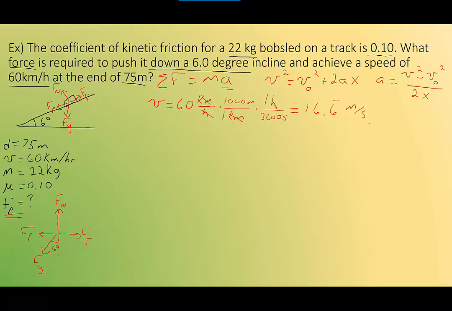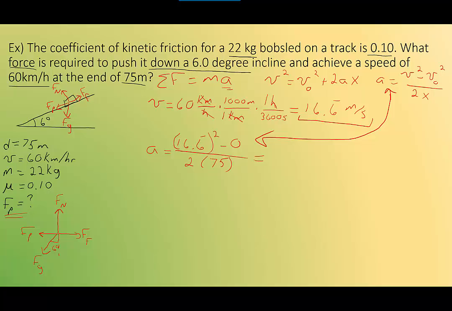So if that's my final speed, I can go ahead and use this equation for acceleration and say my acceleration then is 16.6 repeating squared minus 0 over 2 times 75, because the ramp is 75 meters long.